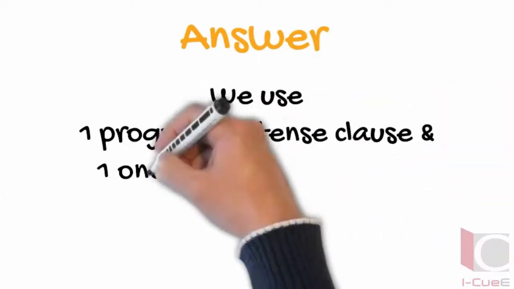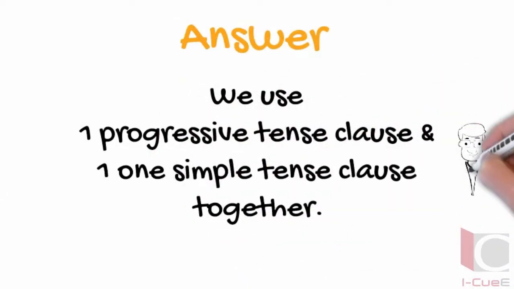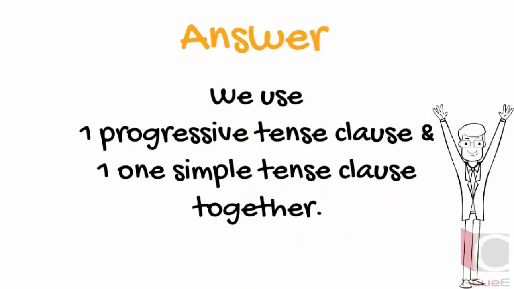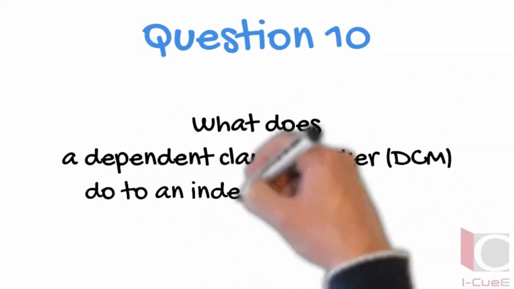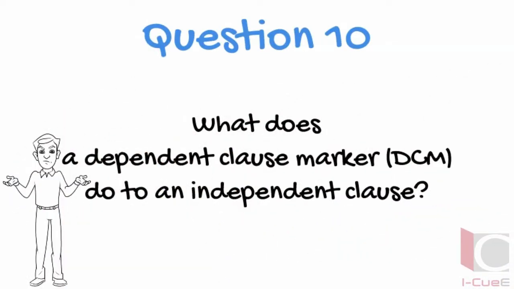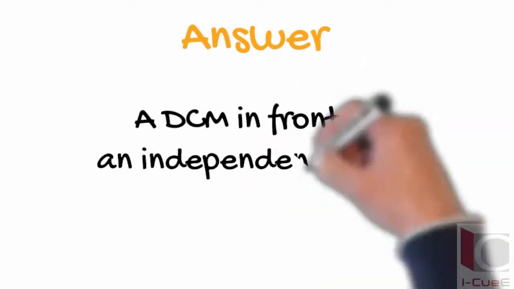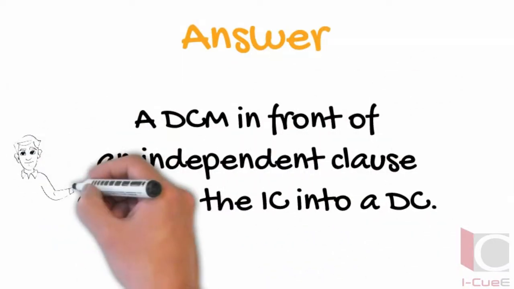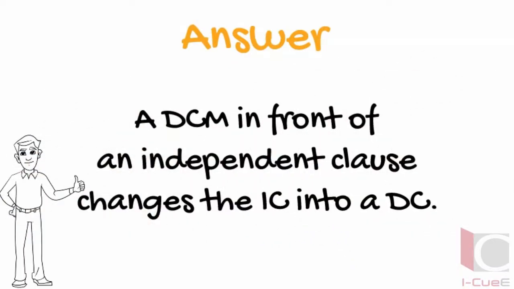We use one progressive tense clause and one simple tense clause together. What does a dependent clause marker, DCM, do to an independent clause? A DCM in front of an independent clause changes the IC into a DC.